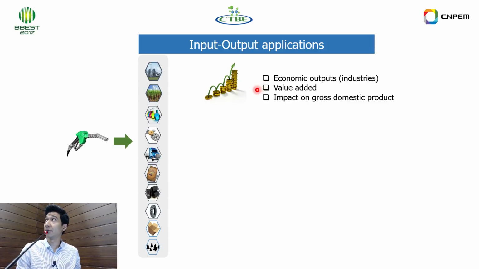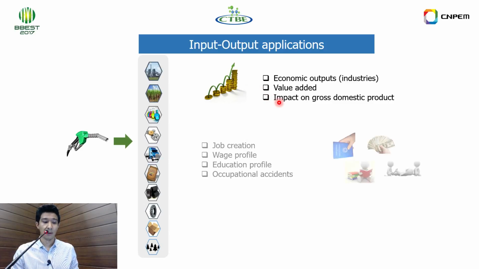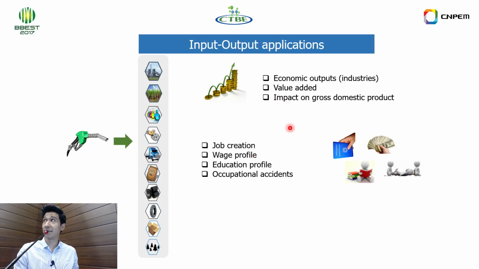So we can calculate the value added over this production chain, the impact on GDP, and also we can cross these monetary outputs with social databases. Then we can calculate jobs we created over the country, and also track the wage, education, and occupational accidents profile of the workers involved in all sectors, not only sugarcane and in the mill.